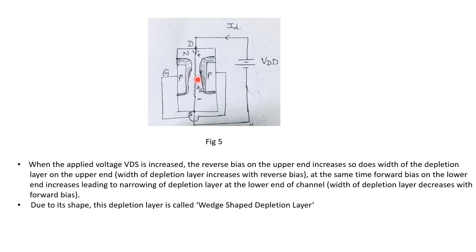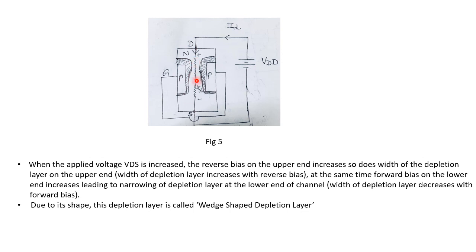Now, when we connect this voltage source VDD and a conventional current is flowing along this circuit, this positive charge is flowing across the channel.